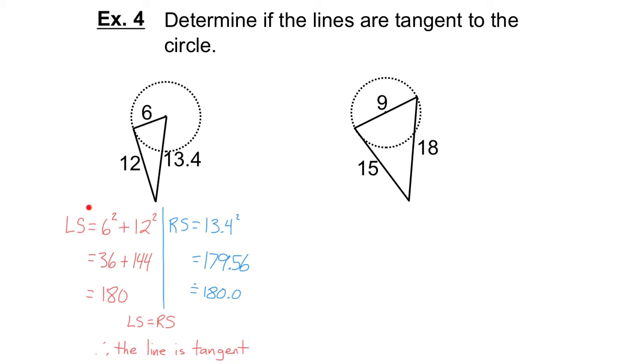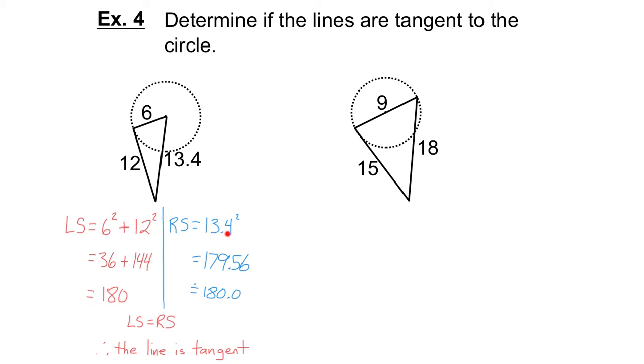So I look at the left side of the equation. That's what LS stands for. The left side of the equation is 6 squared plus 12 squared. The right side is 13.4 squared because 13.4 would be the hypotenuse if this was a right triangle. So 6 squared is 36, 12 squared is 144. Add those together, it's 180.